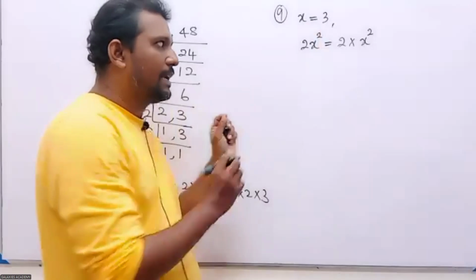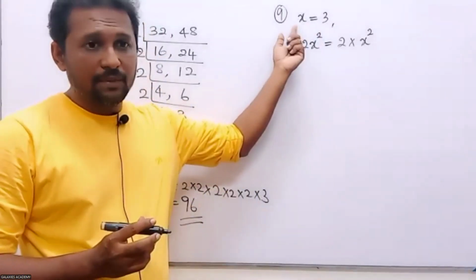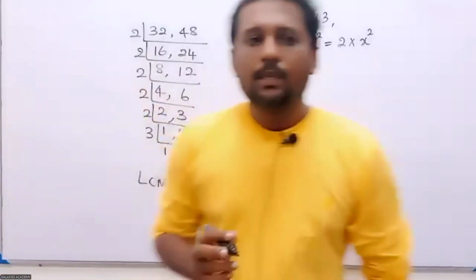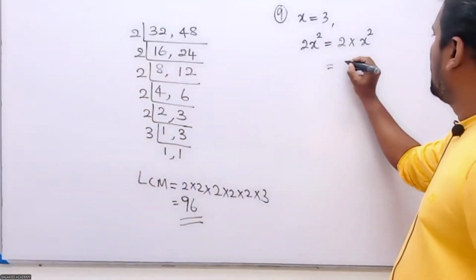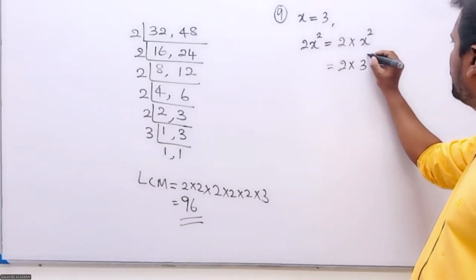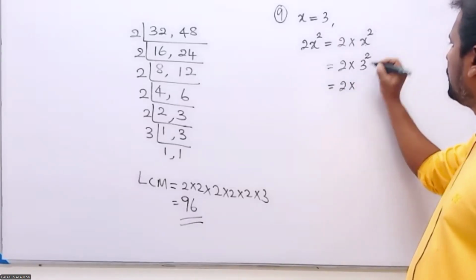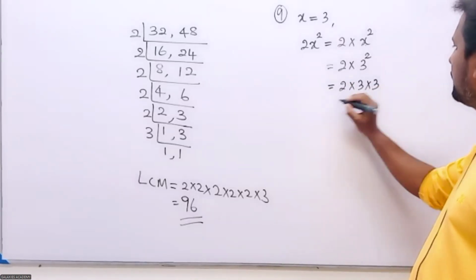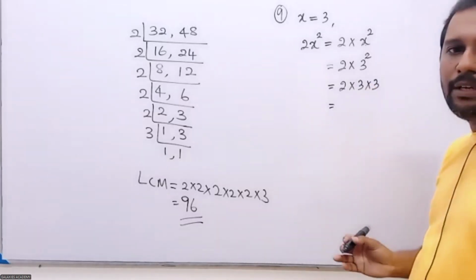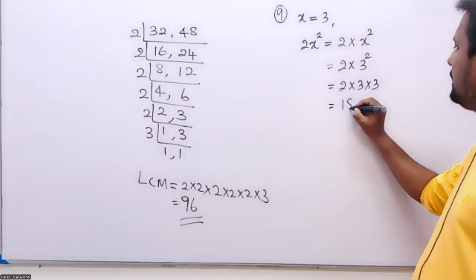Where x is, I can substitute 3. Why? Because the question given x equals 3. Right, now I can write 2 multiply 3 to the power 2. Now I can write the expanded form. 3 to the power 2 means 3 multiply 3. Then you can find the value. 2 multiply 3, 6. 6 multiply 3, 18.